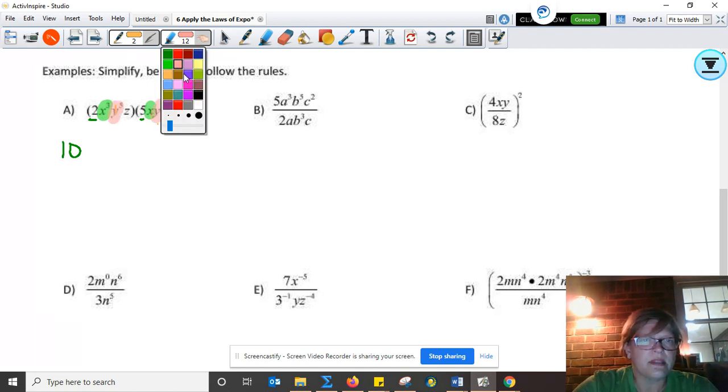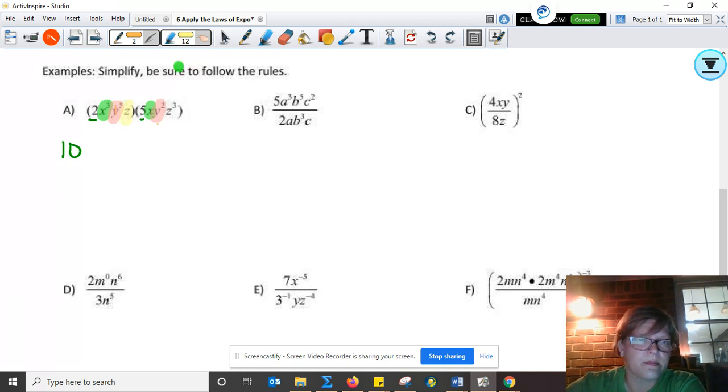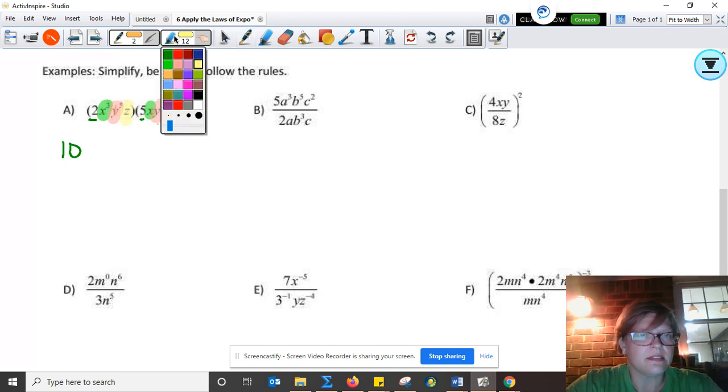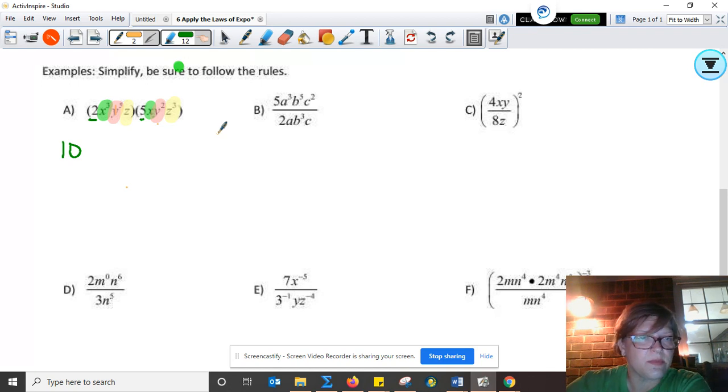And my third one is going to be z and z cubed. So I just highlighted those so you can see what's going on. Since they're the same bases, I add the exponents. So 3 plus 1 is going to give us 4. So that's going to be x to the 4th power.